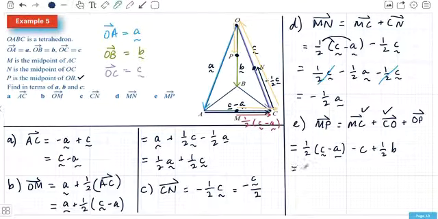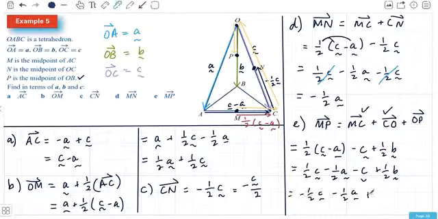So expanding this out, we've got a half C minus a half A minus C plus a half B, and we should have the tildes on there. A half of C minus C is negative a half C minus a half A plus a half B. And if you wanted to, a nice thing there, I've nearly run out of room, would be to factorise that half out the front.